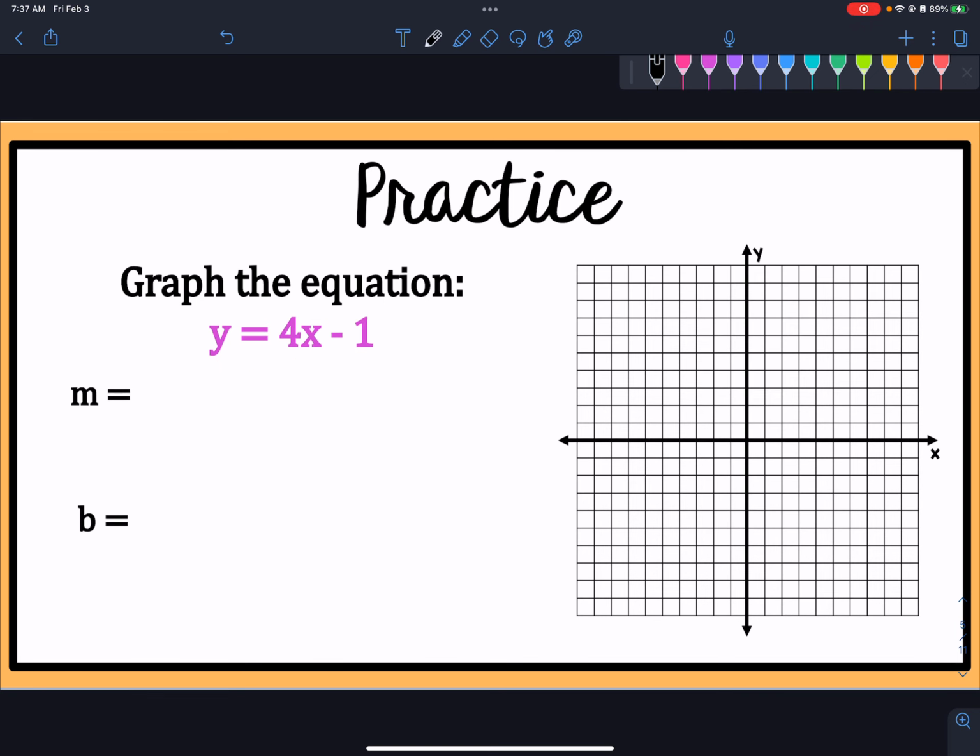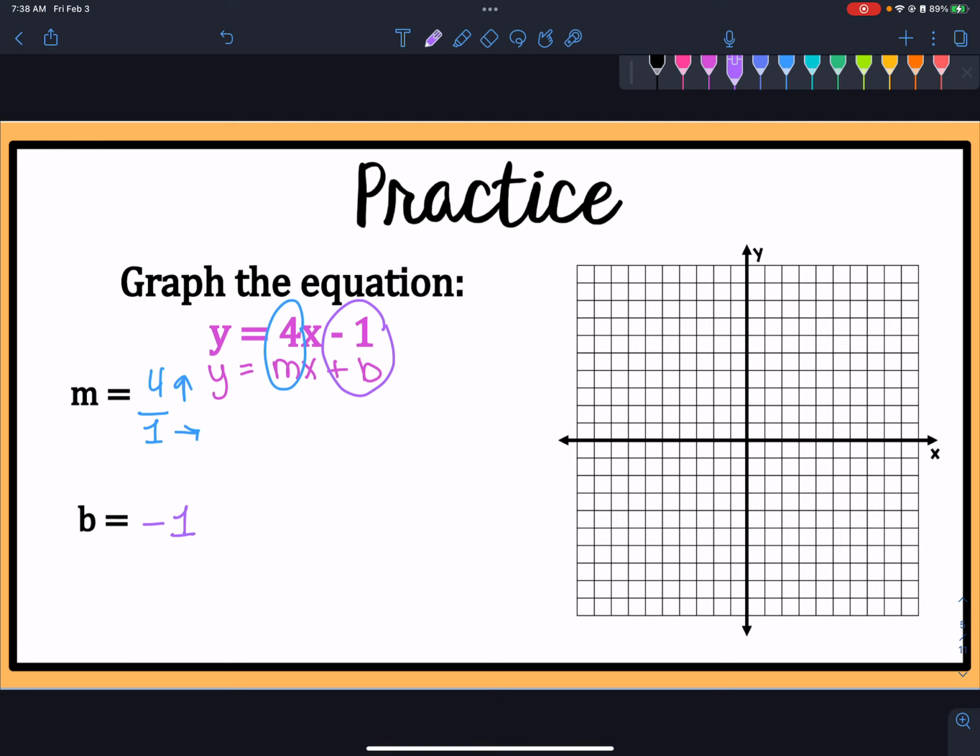So now we finally got to an example where we do have a b value. So again, y is equal to mx plus b. Our slope is 4. Put a 1 underneath it. 4 is positive, so we're going up. 1 is positive, so we're going right. And then we have our b value. Our b value is -1.